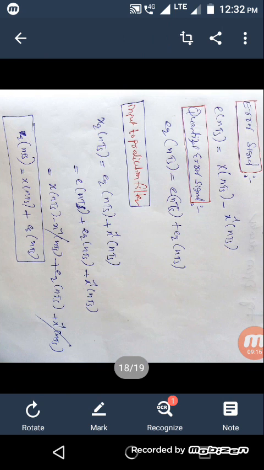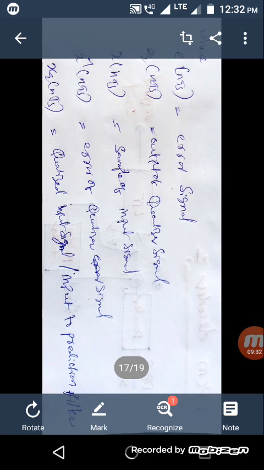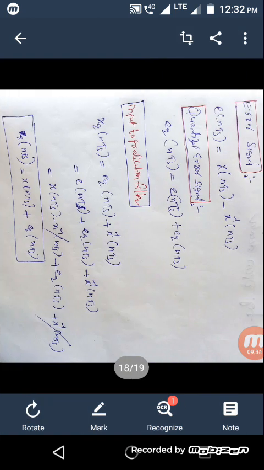So error of nTs equals x of nTs. Already we see x of nTs has a positive sign and x cap of nTs has a negative sign. That's why the error signal is rewritten as e of nTs equals x of nTs minus x cap of nTs.